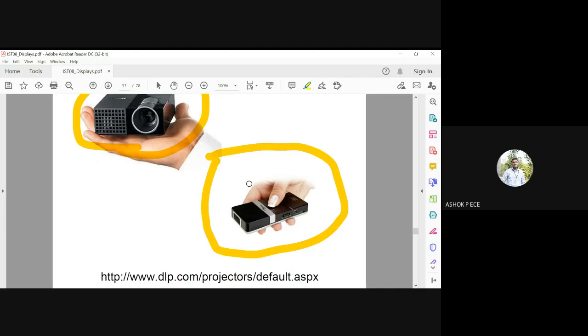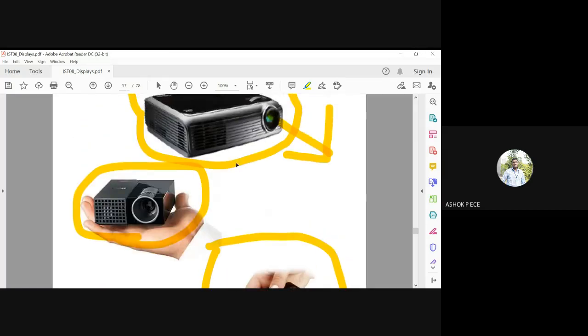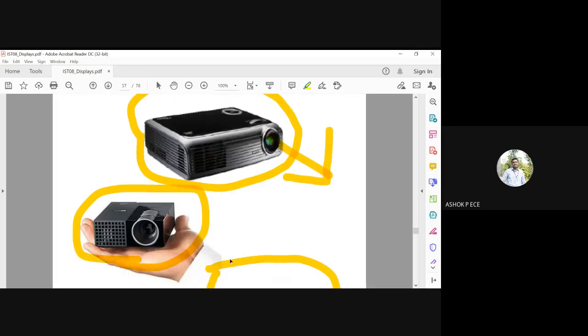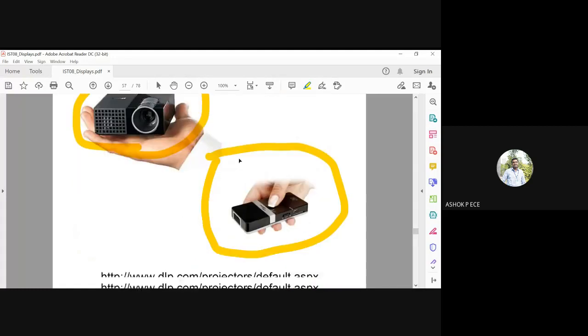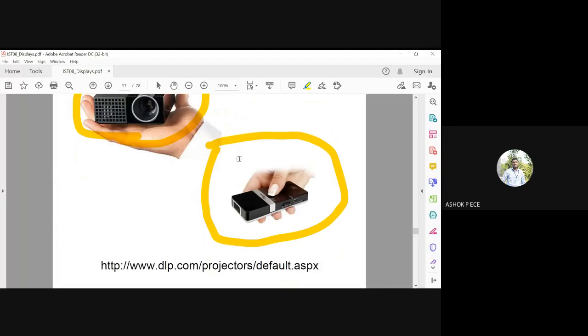Nowadays, you can see mobile phones having the facility to project data, right? So in the same way, depending on the compactness of the device, you can have the projecting capability. So when the size is smaller and smaller, the projection area is also going to be relatively reduced. So these are the different types of projectors we have seen.